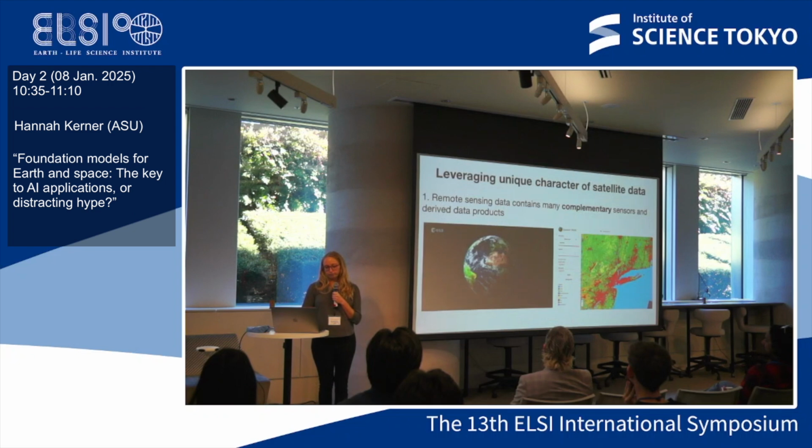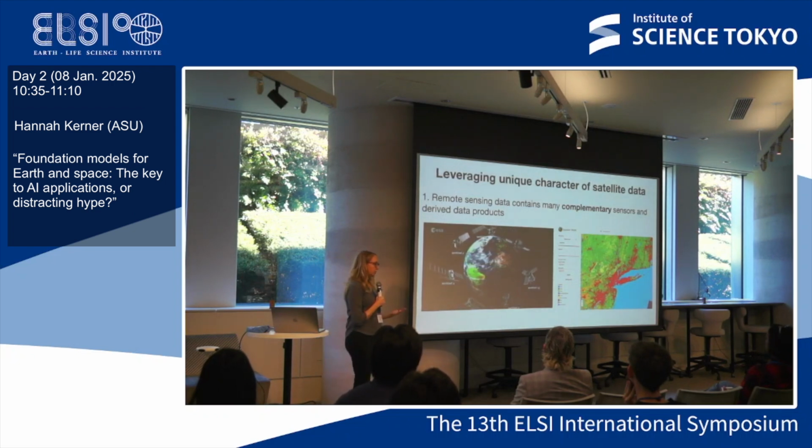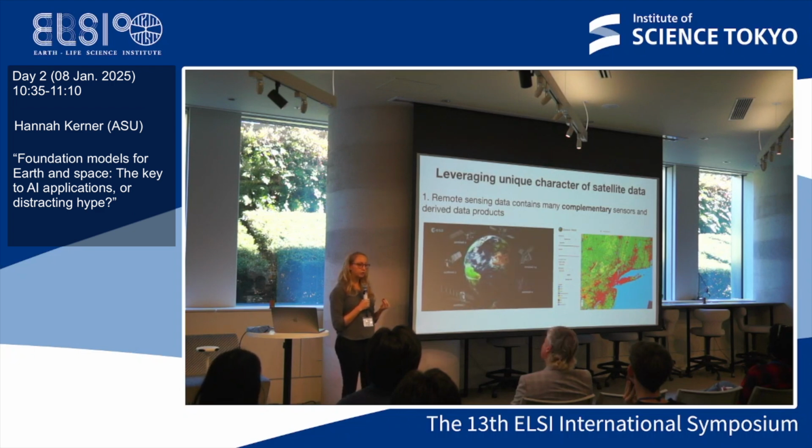So if we want to create foundation models that are better aligned to the kinds of patterns that we see in remote sensing data, we need to think about what are these unique aspects of remote sensing data that we want models to be able to capture. So for example, in remote sensing on Earth, we have many, many complementary sensors. We have optical sensors, radar sensors, all kinds of things.